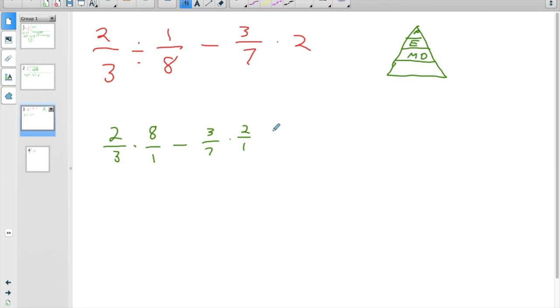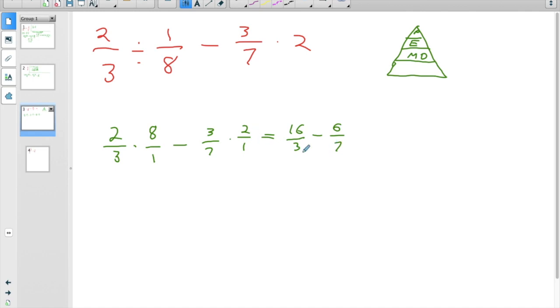So what does this give us? Well, 2 times 8 is 16. 3 times 1 is 3, so we have 16 thirds minus 3 times 2 is 6, and 7 times 1 is 7. So now I have this set up.